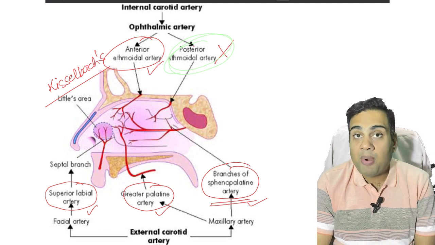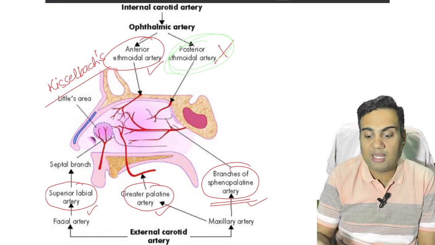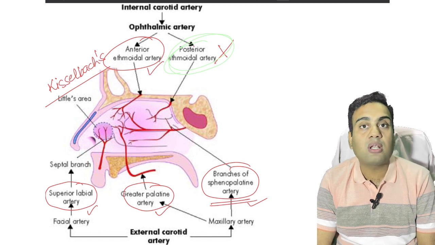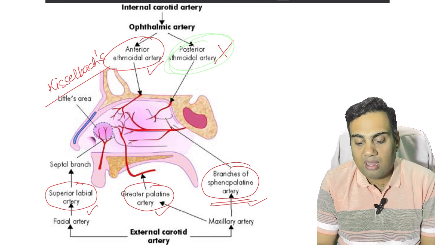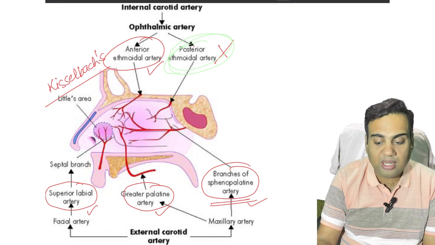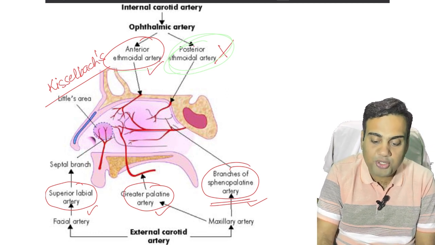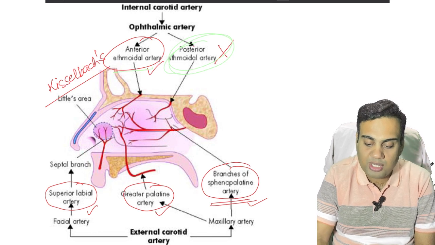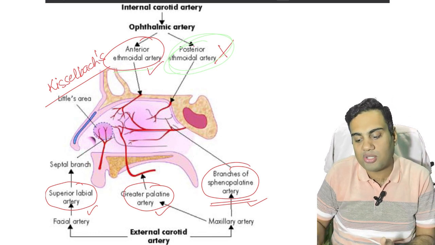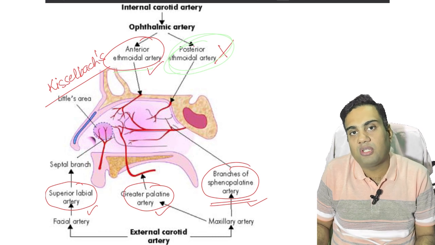All right. But the other way around, अगर question आ गया कि which of the following is not a branch of external carotid, then one of the options can be anterior ethmoidal. So you get these four options: anterior, superior, posterior, greater palatine, and you get a question which of them is not a part of the external carotid.